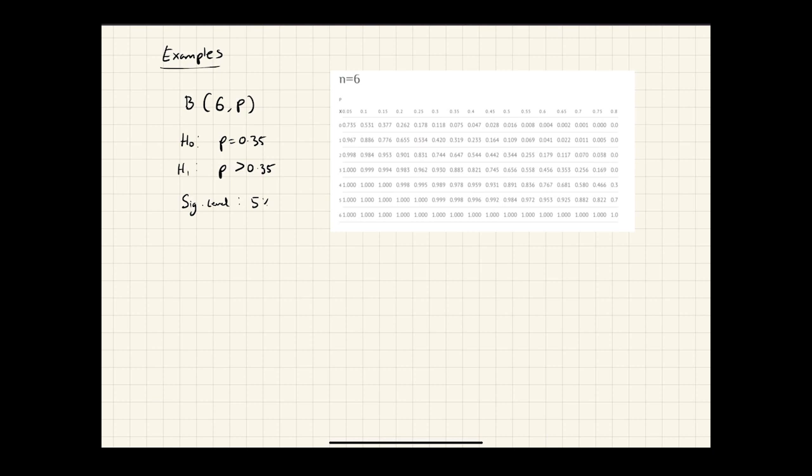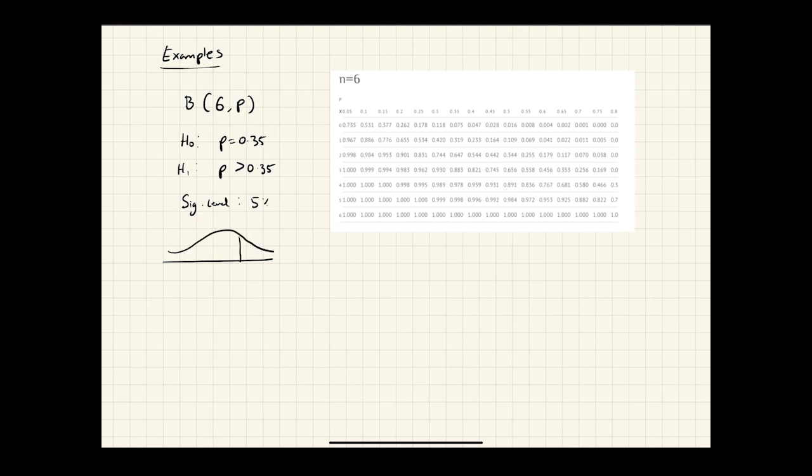We can see that we have a question where we have a binomial distribution where it's B(6, p). Our null hypothesis is p = 0.35, and our alternate hypothesis is p > 0.35, and our significance level is 5%. Now, since we have an alternate hypothesis of more than 0.35, the diagram in our head should be something like this one over here that we looked at before.